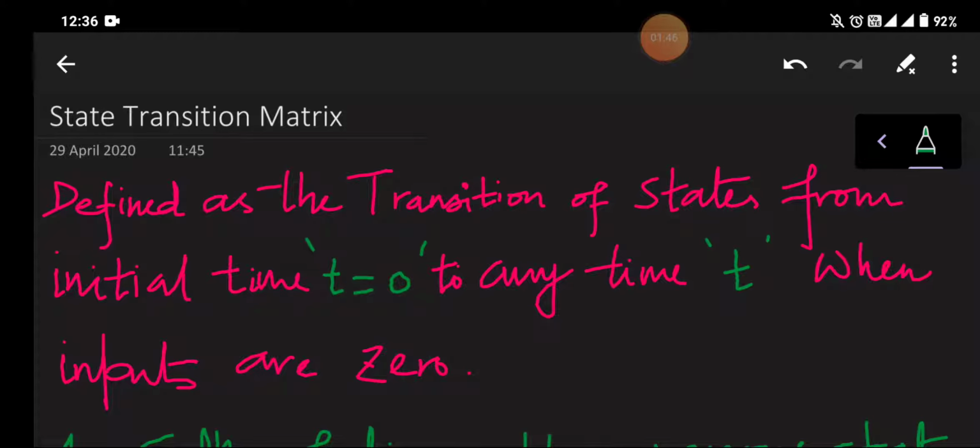That means the state transition matrix describes how the states will be transferred from t is equal to 0, the initial time, to any time t, when inputs are 0. This is a must condition here, that the inputs are 0.